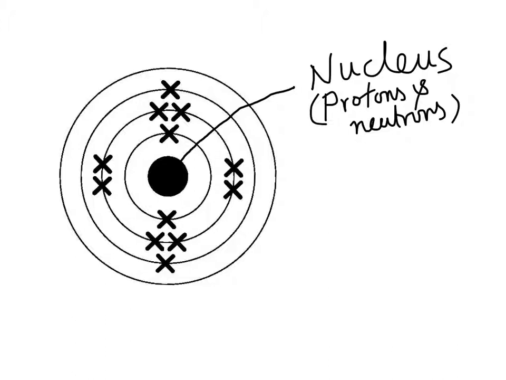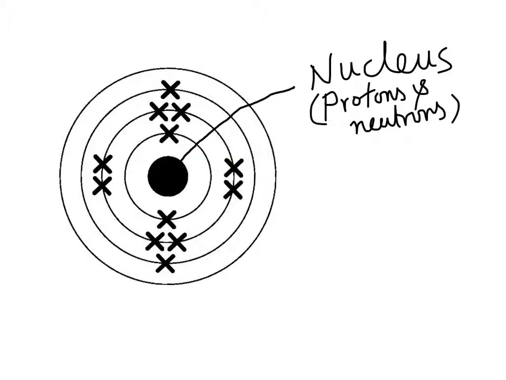These circles around the central part of the atom, which is the nucleus, are called shells or energy levels. The first energy level is here, second energy level, third energy level, and fourth energy level, and so on. And the energy increases as you go away from the nucleus.